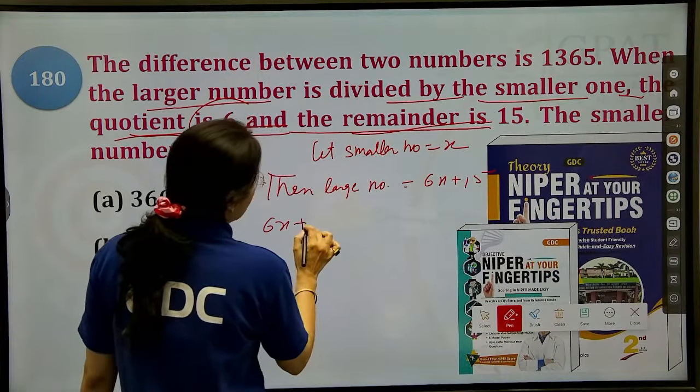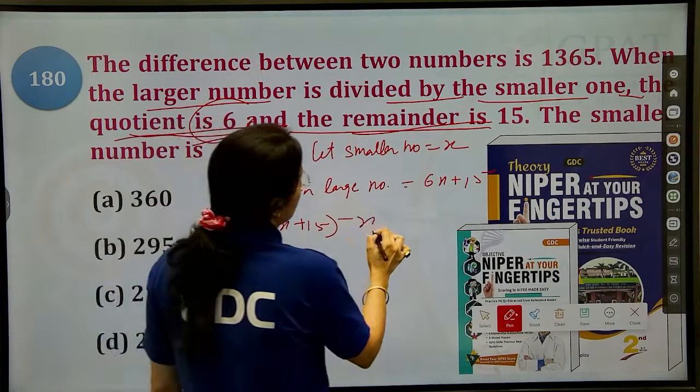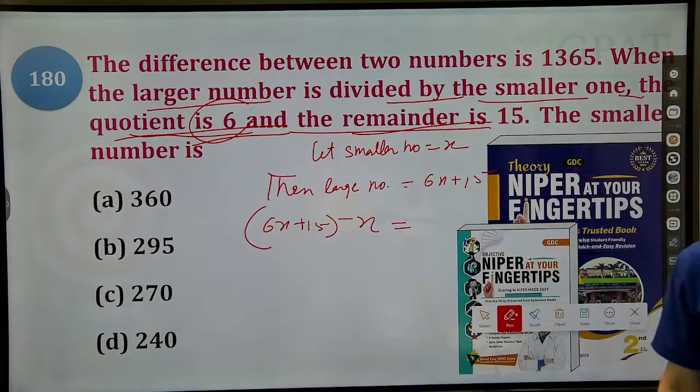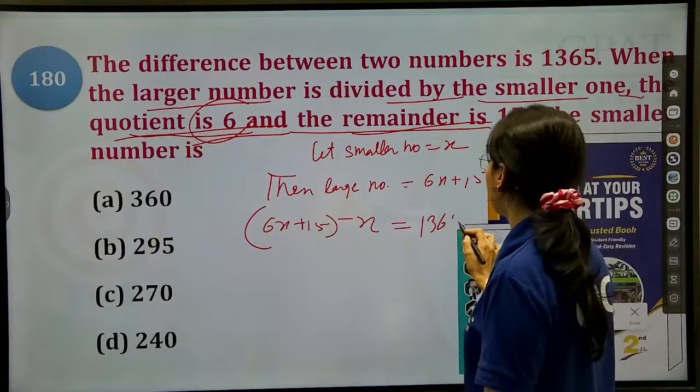So 6x plus 15 minus x is equal to what? That is 1365.